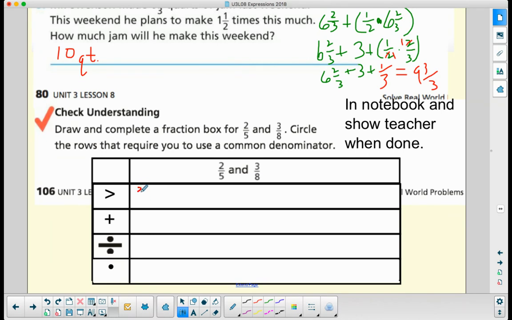So 2/5, I'm going to make 40ths by multiplying by 8/8. 2 times 8 is 16 40ths.